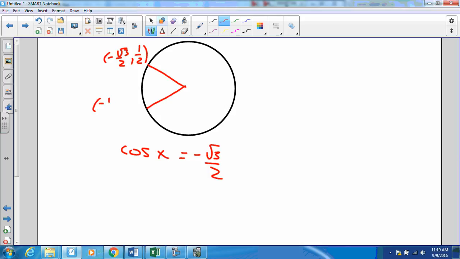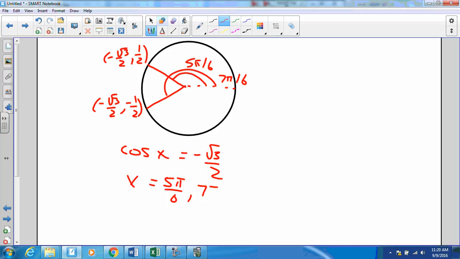It would be 1/2 or negative 1/2. Okay? And so then I would appeal to these 2 special angles, which I will have practiced, 5 pi over 6 and 7 pi over 6. And that's kind of it.